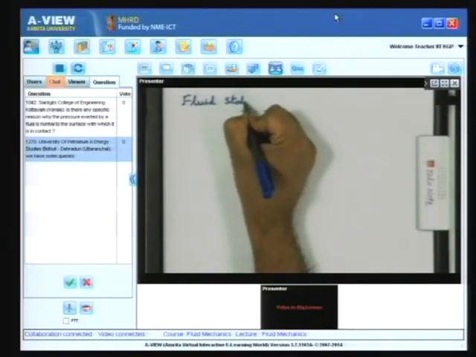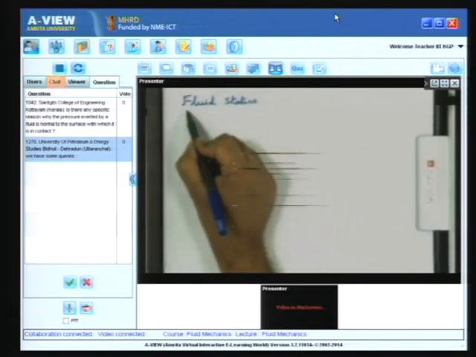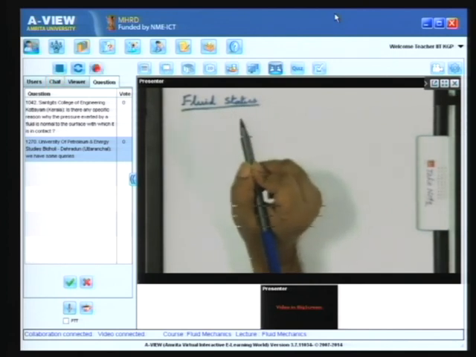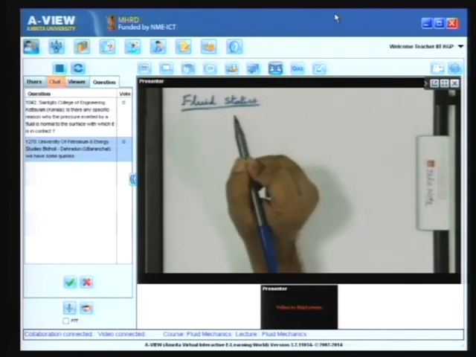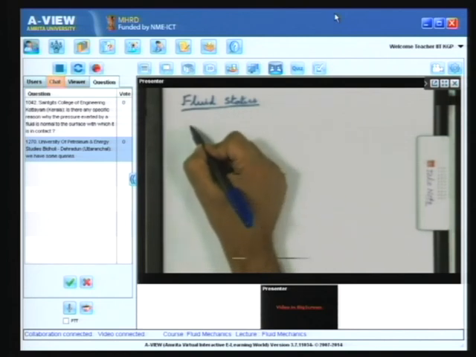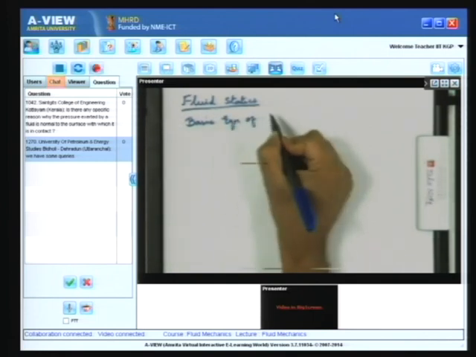So, we were looking at fluid statics. We derived what is called the basic equation of fluid statics.